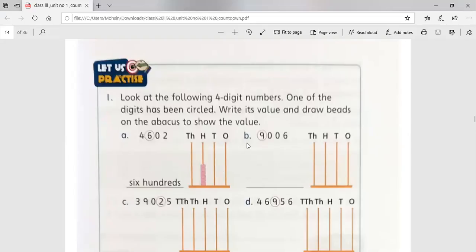Now look at the board, everyone. Part B is 9,006. First, we have to find its value, right? This one is the circled one.